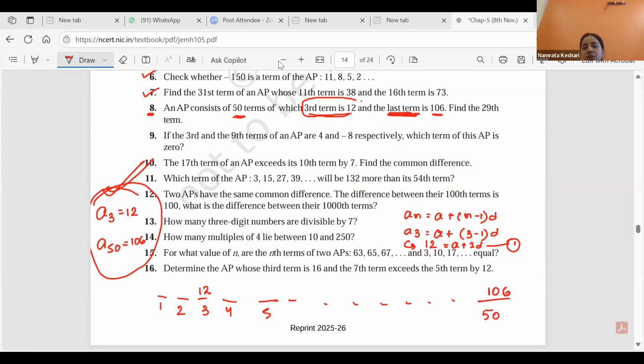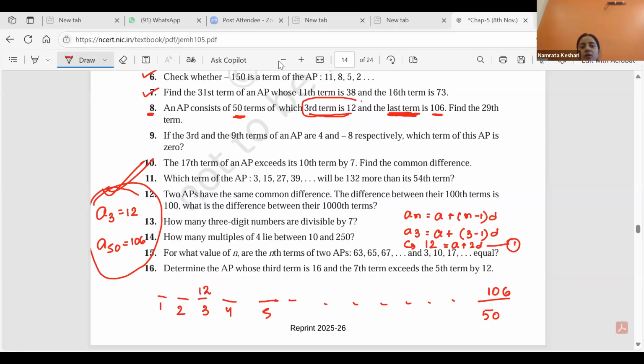Let me ask your equations one by one. Afreen, what are your two equations? The first one is 12 is equal to a plus 2d, and the second one is a plus 49d is equal to 106. Yes, Bharti, what are your two equations? Miss, a plus 2d equals 12 and a plus 49d is 106.